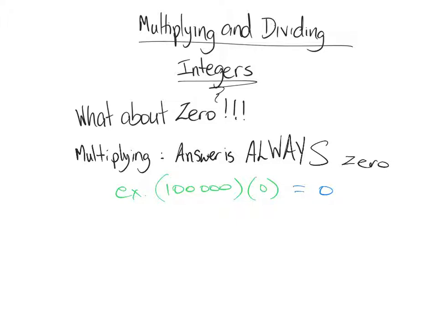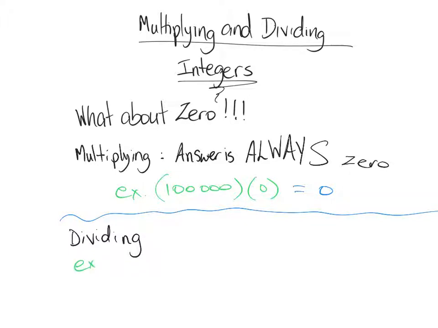Now, dividing 0 by a number, you actually get the same result. But hold tight, don't shut the video off yet. The most important thing is yet to come. So dividing, I'm going to show you 2 examples. It's the easiest way for me to differentiate between the 2 things.